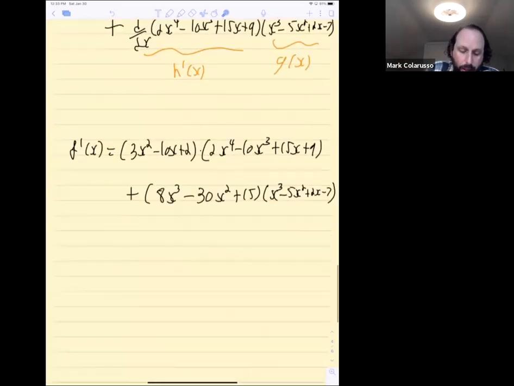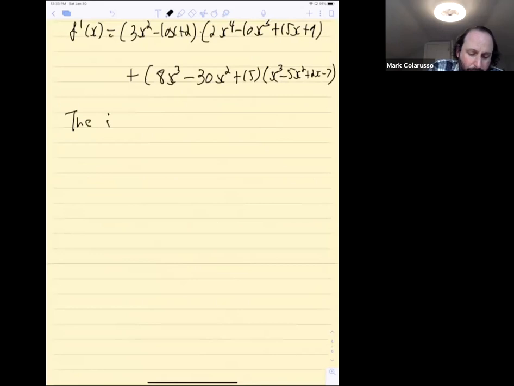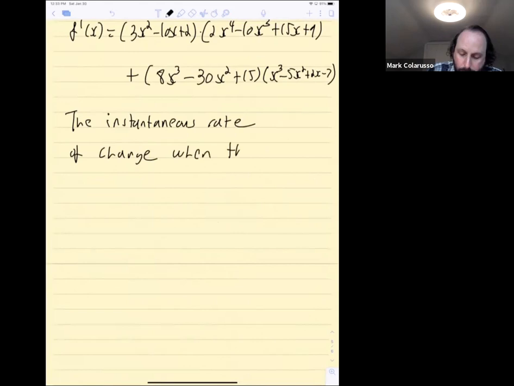So the instantaneous rate of change when the function is evaluated at 1 is f prime at 1.